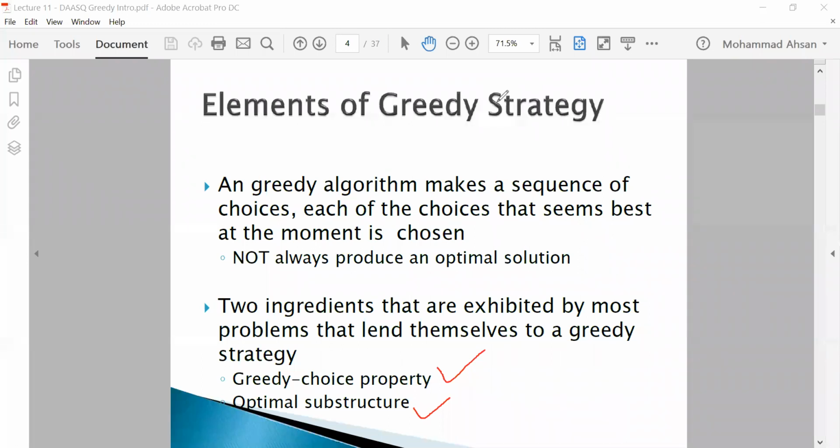Here we make an optimal substructure in such a way that when you make a greedy choice, one of the subproblems is empty. When we see an example, I'll tell you what we mean by that. Basically, we break down our problem into just one simpler subproblem.